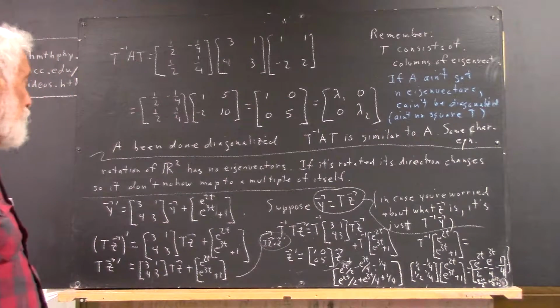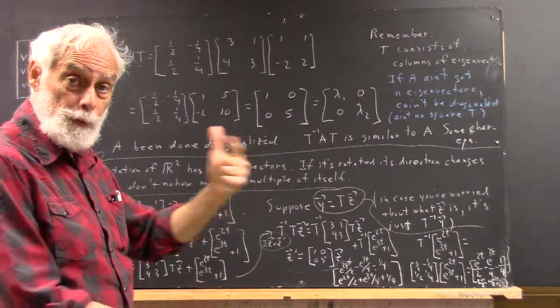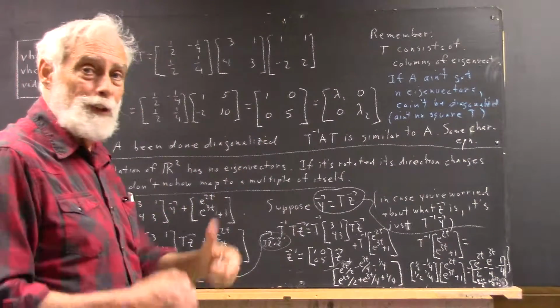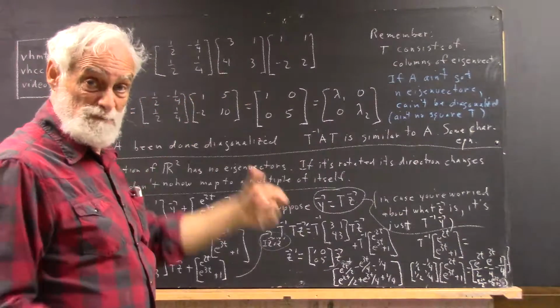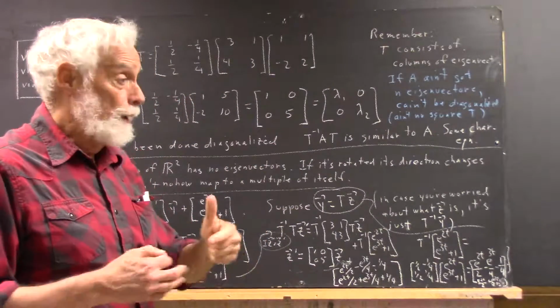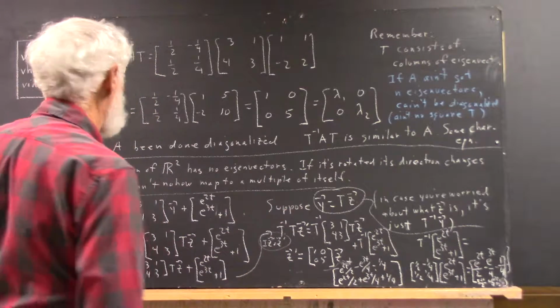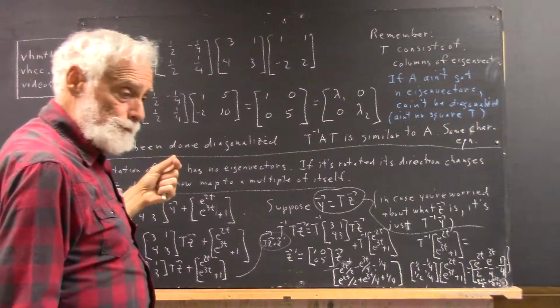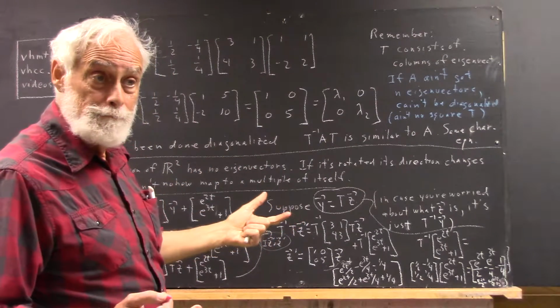Now, I will note that a rotation of R2, for example, has no eigenvectors. So not every matrix A that we could write down, not every matrix A that comes out of a system of differential equations, is going to have eigenvectors.